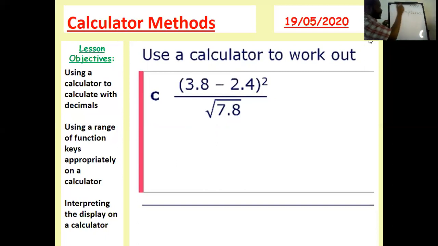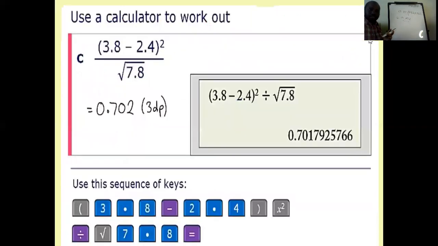I put my line for deciding between 1 and 7. Final answer is 0.702.